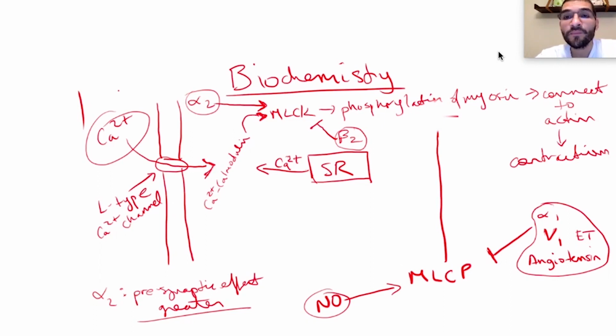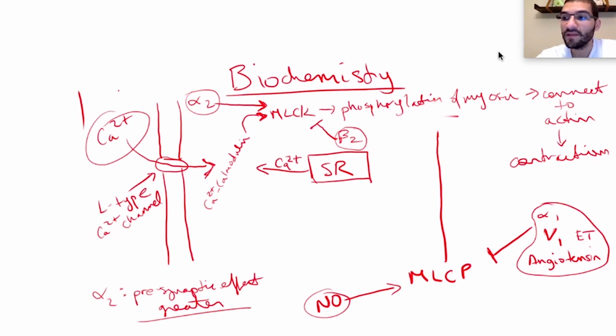However, in the presynaptic neurons, you also have alpha 2 receptors. These alpha 2 receptors inhibit the signals that lead to increased calcium influx into the smooth muscle cell.